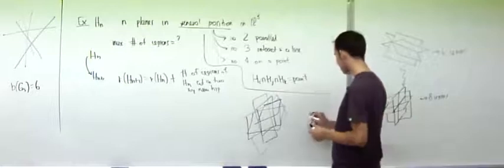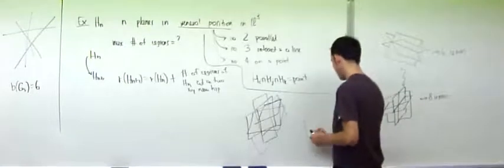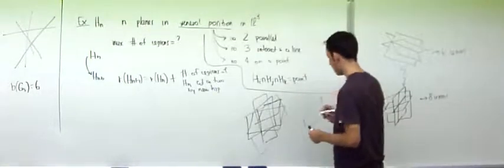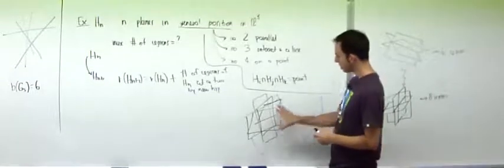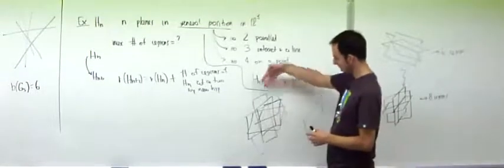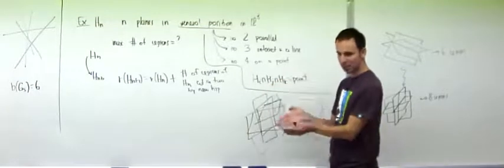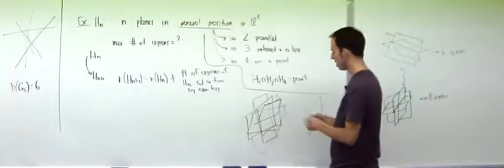Well, if you look at what happens inside this plane, it has kind of shadows of all the other planes. It has intersections of all the other planes. Yeah?